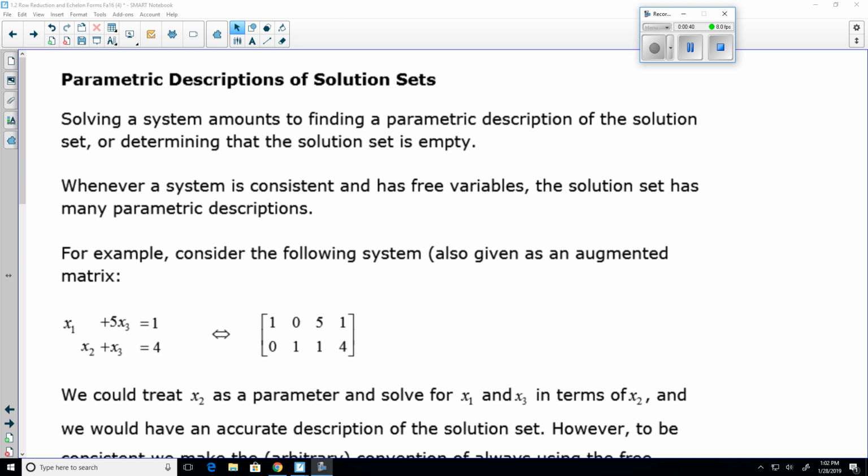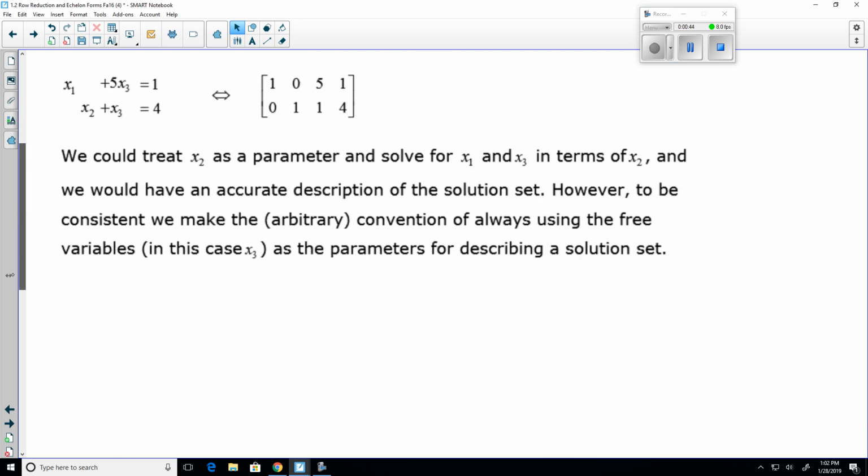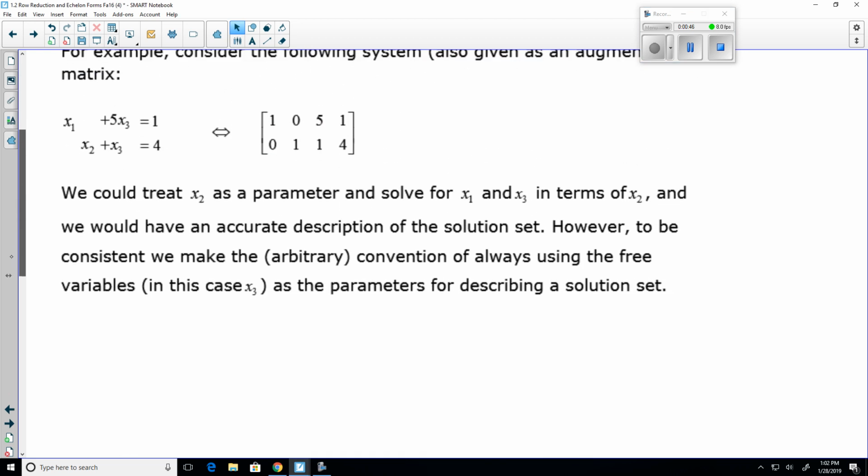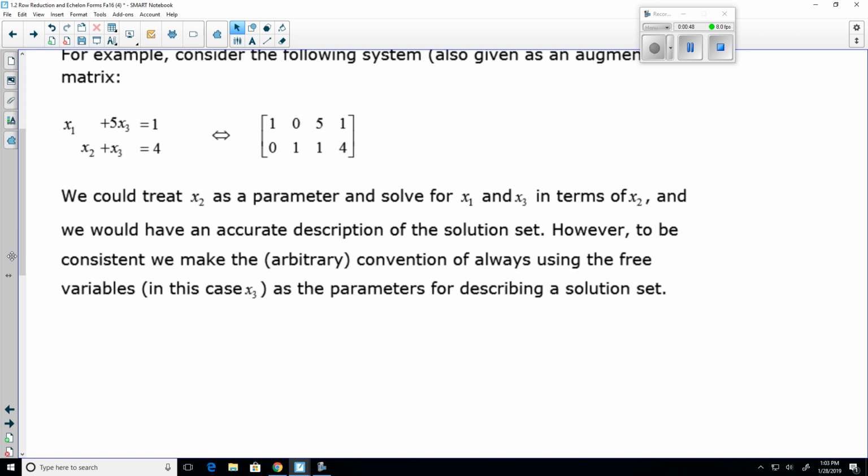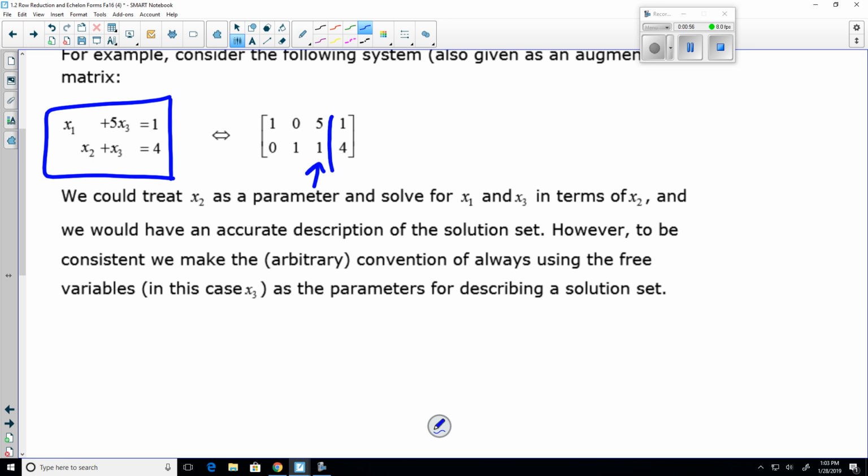Right. So what that means is you solve a system and you come up with this solution. You have this free variable x3, right? You're going to write x1 and x2 in terms of x3.